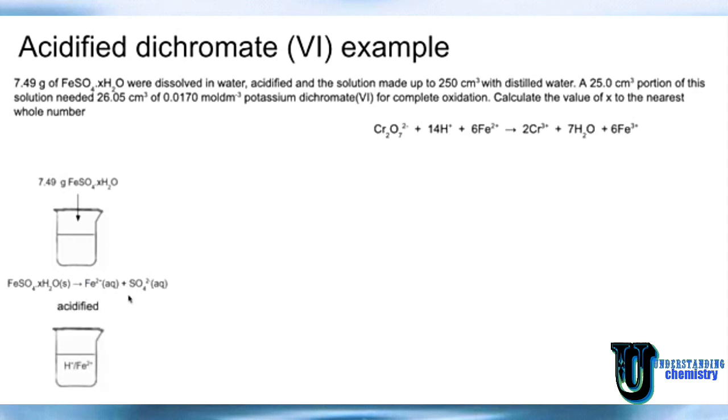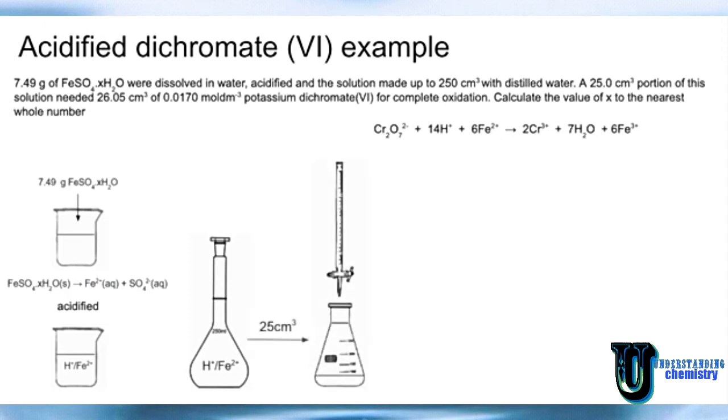So it's acidified, and then we've got this beaker of aqueous Fe2+ ions and H+ ions. That's then poured into the 250 cm³ volumetric flask, and 25 cm³ is taken out for the titration.